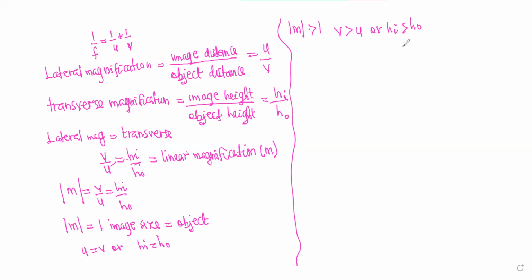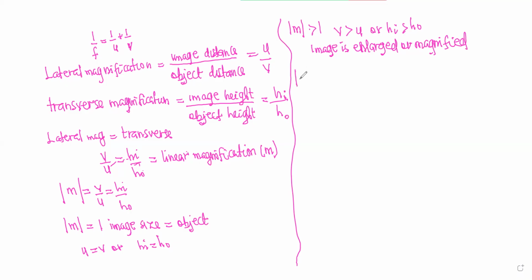And here we say that the image is magnified or enlarged. So when an image is said to be magnified or enlarged, then it means the absolute value of the linear magnification must be greater than 1.